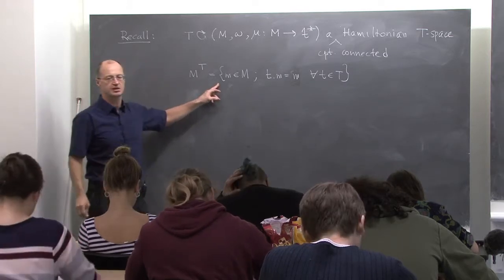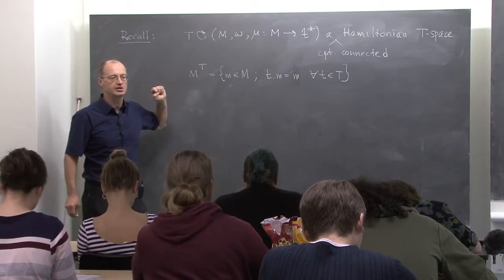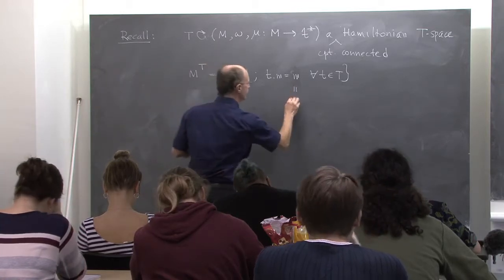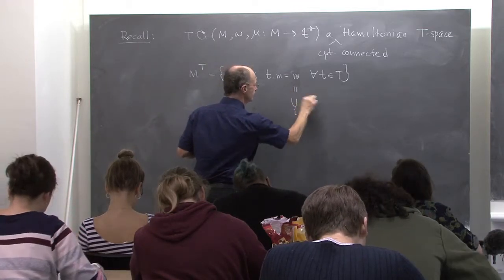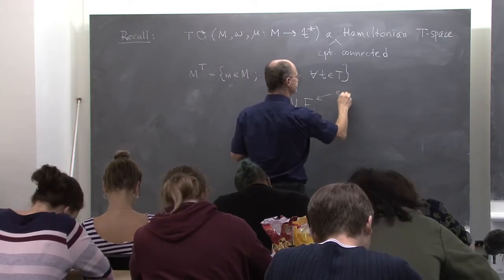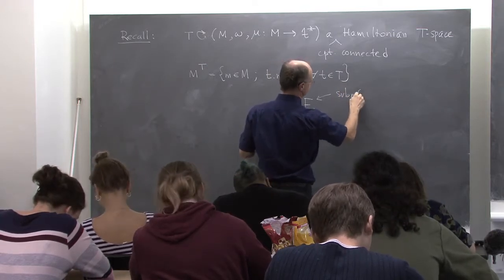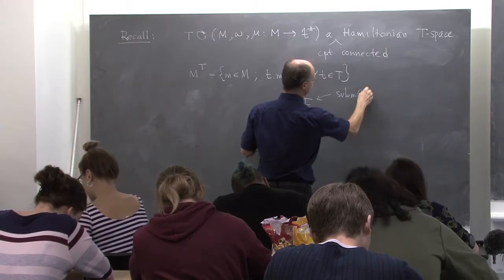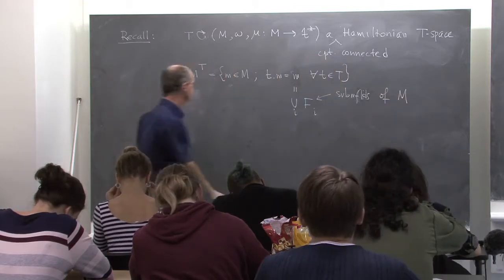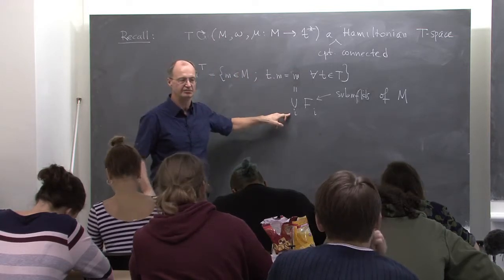So let me recall that this fixed point set is actually a union of smooth submanifolds of M. So it's a disjoint union of Fi's, where Fi's are submanifolds of M. Since I assume that M is compact, this will be a finite set.